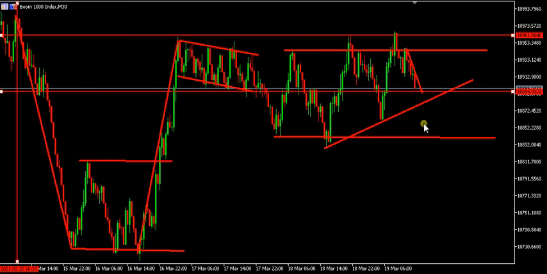If you are a trend trader, it's an opportunity for you to take a trade once price hits your zone here, then you start selling, okay. If you are a spike trader, once price gets here, you start buying.